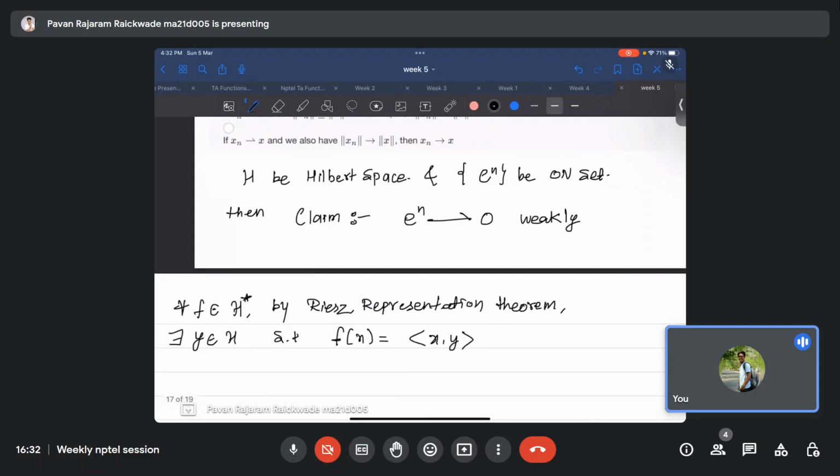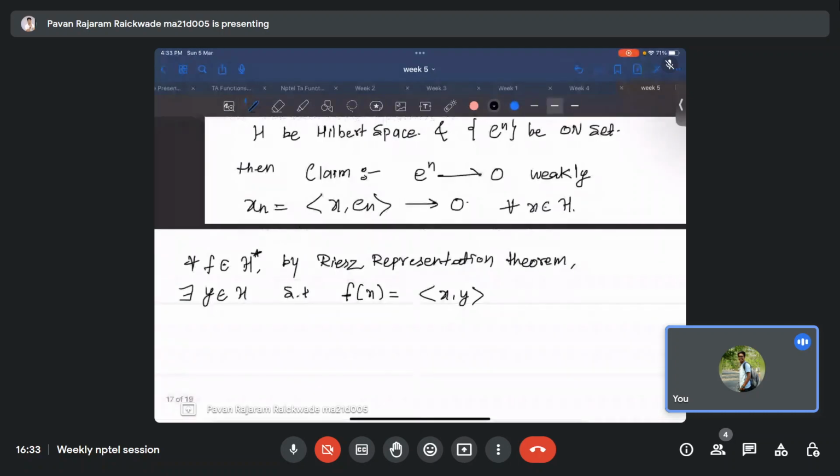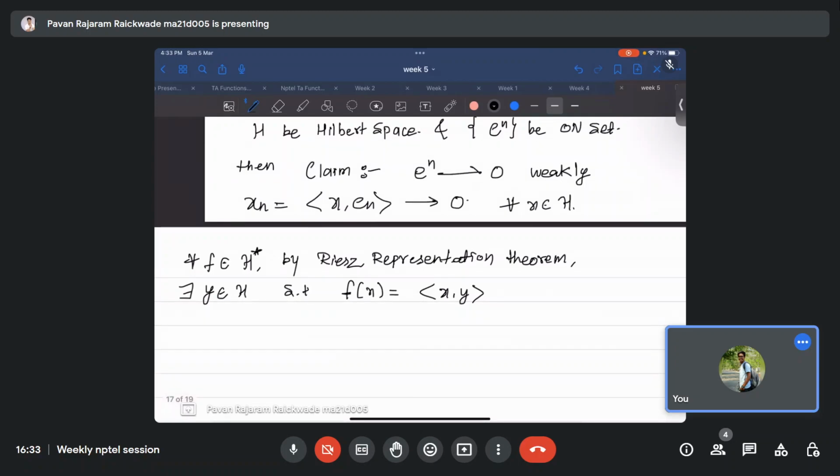But for any orthonormal sequence, this sequence converges to 0, and this is happening for all x. This follows from Bessel's inequality.